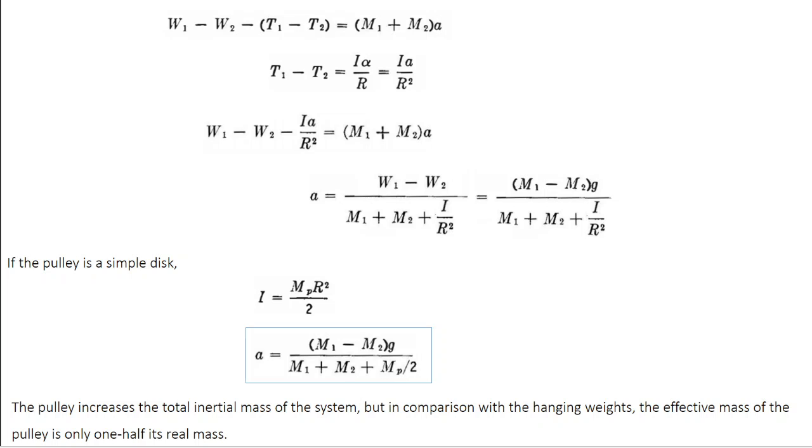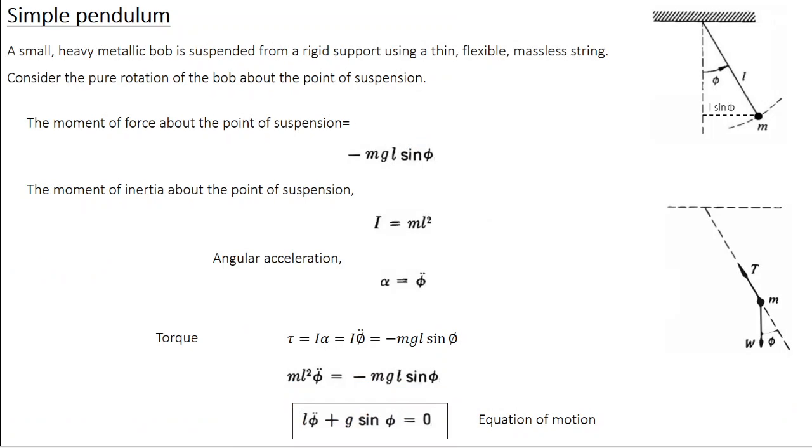Let's look at some other common examples of physical systems executing pure rotation. The most important one is a simple pendulum. As we know, the simple pendulum is a simple harmonic oscillator, which is a very important mathematical model used throughout physics. So I'm sure all of you are familiar with the simple pendulum from your +2 classes.